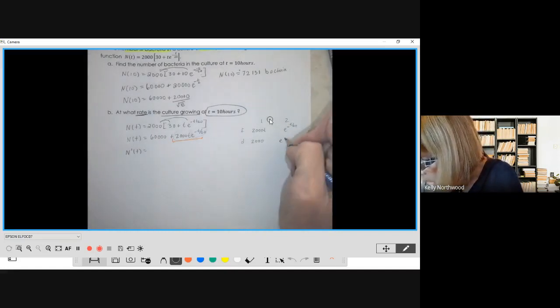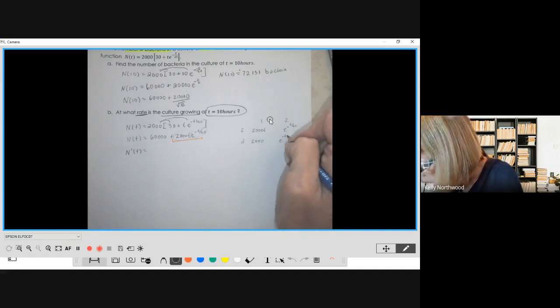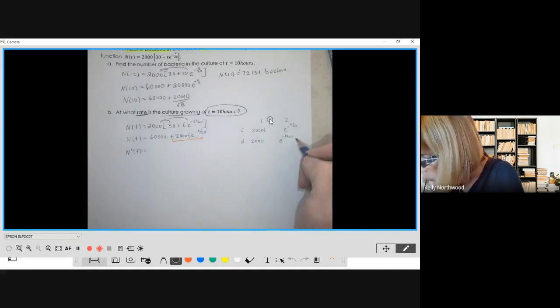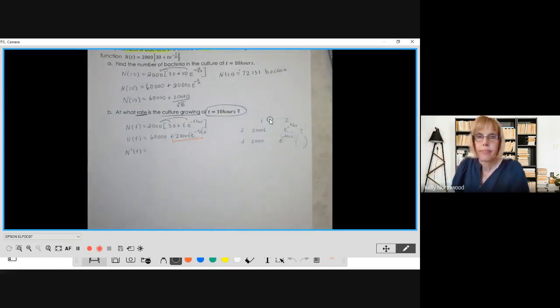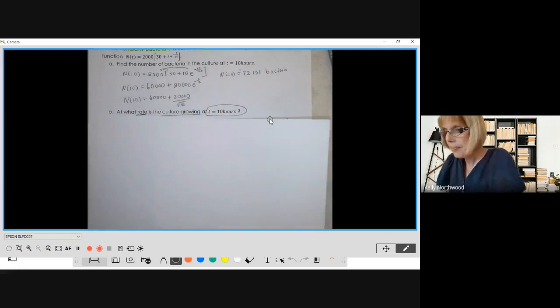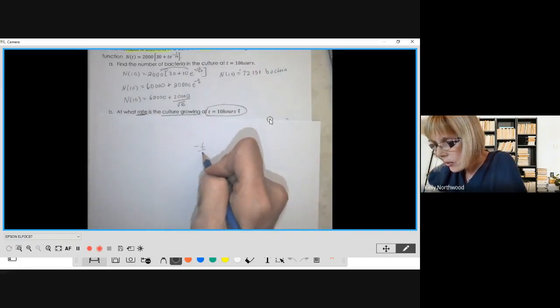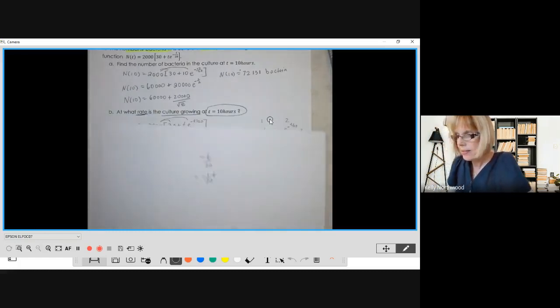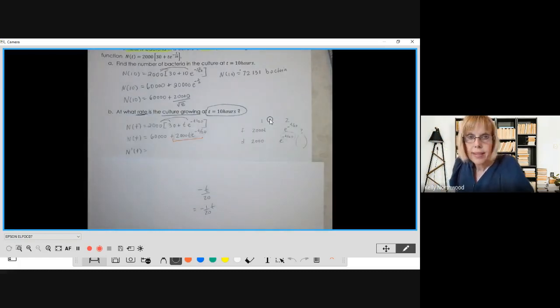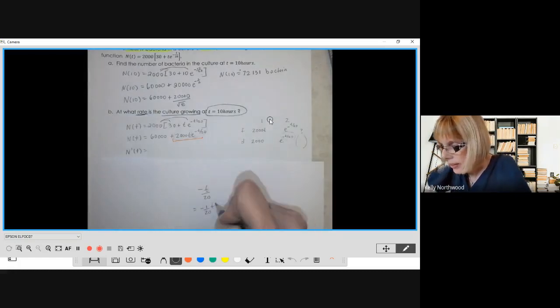This gets people sometimes. So e to the negative t over 20. But what's the derivative of negative t over 20? Get a piece of paper. So I could rewrite negative t over 20 as negative 1/20th t. And what would be the derivative of that?